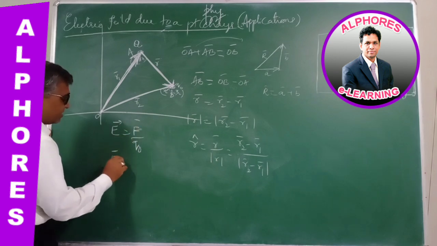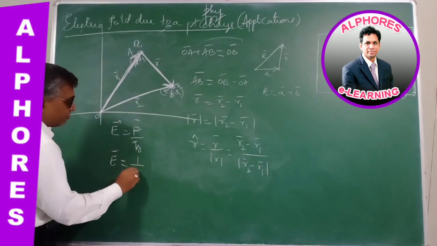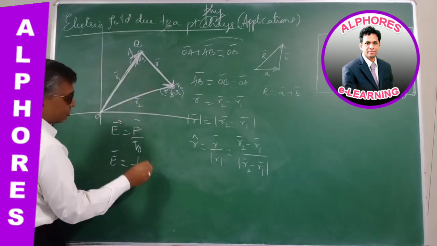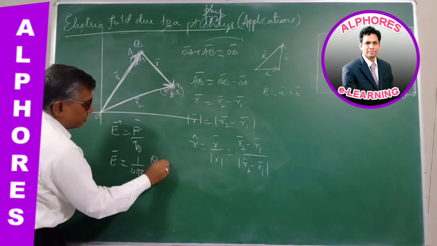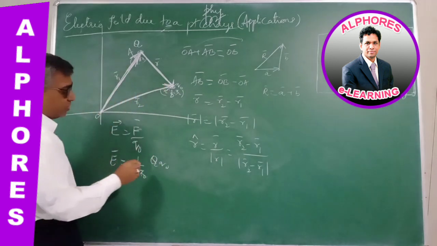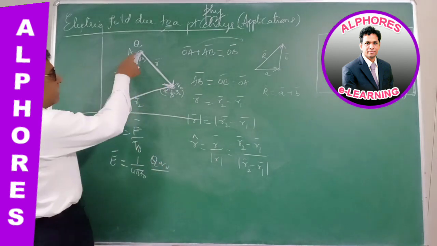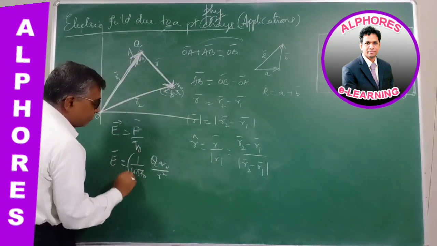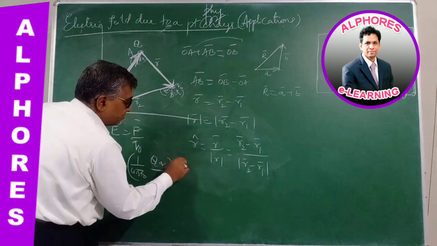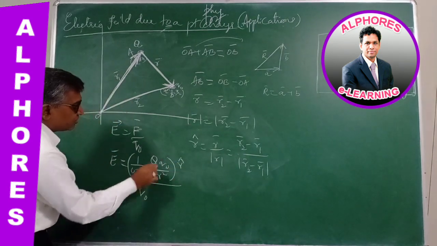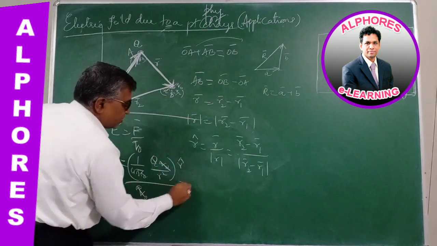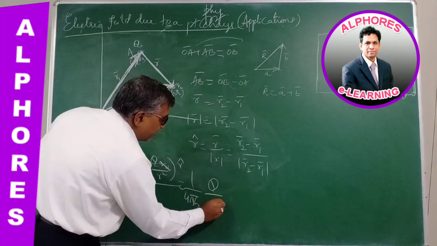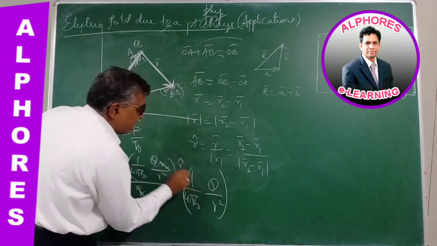According to Coulomb's law, F is 1 by 4 pi epsilon naught, capital Q, small q by R square times R cap, divided by Q naught. So Q naught gets cancelled. So it's 1 by 4 pi epsilon naught capital Q by R square times R cap.